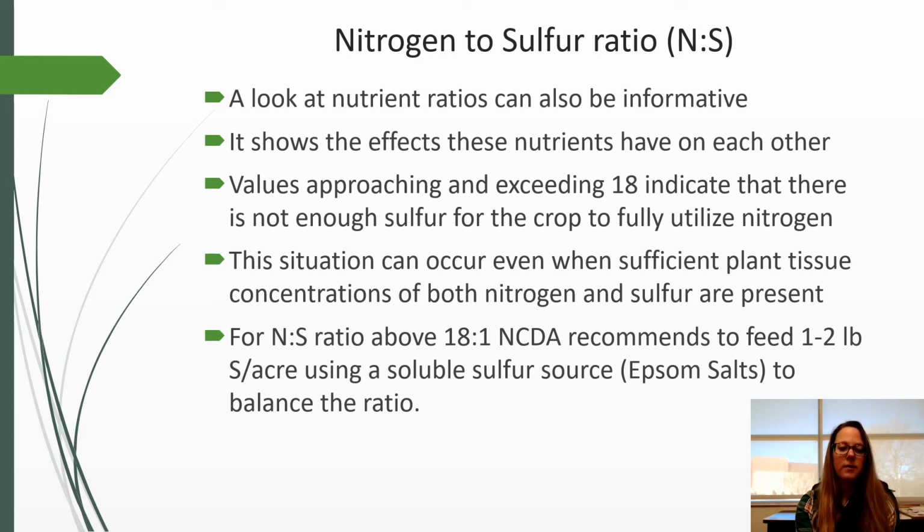When this value exceeds 18, this indicates that there is not enough sulfur for the crop to fully utilize nitrogen. The recommendation is to feed 1 to 2 pounds of sulfur an acre using a soluble sulfur source, Epsom salts, to balance the ratio. The next 2 slides will look at examples of the nitrogen to sulfur ratio and the corrective actions that can be taken.